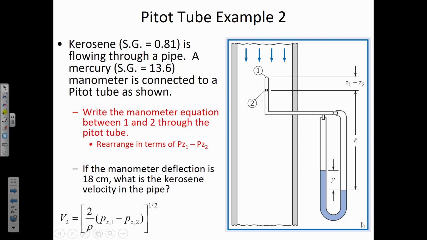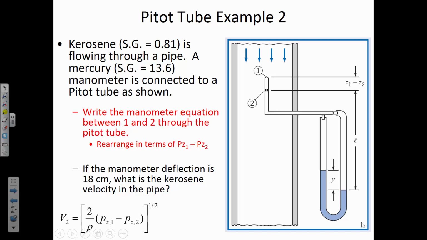And then once you get that manometer equation written, rearrange everything. So you're doing your algebra rearrangement so that we have P sub Z1 minus P sub Z2 is equal to what?